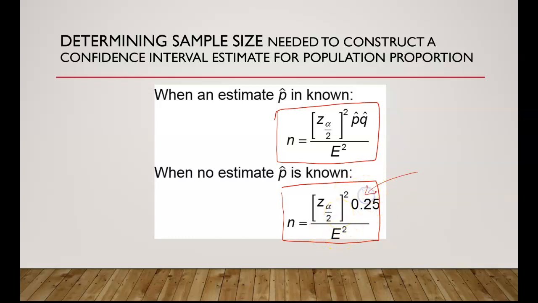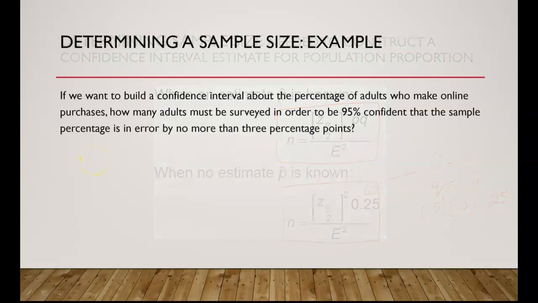Where does this 0.25 come from? Well, if we assume that p hat and q hat are 50% each, then 0.5 times 0.5 gives us 0.25.